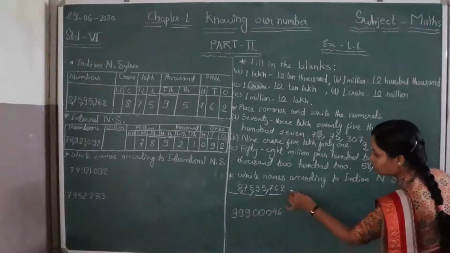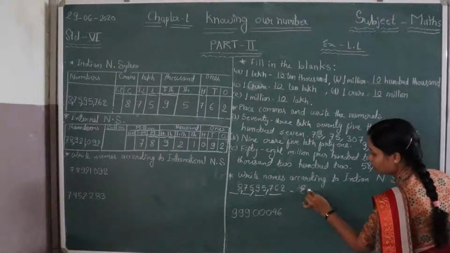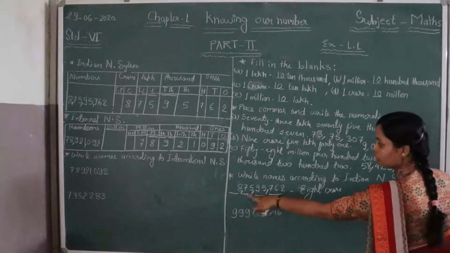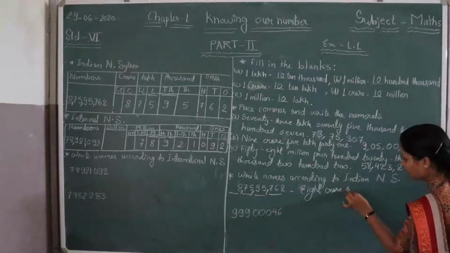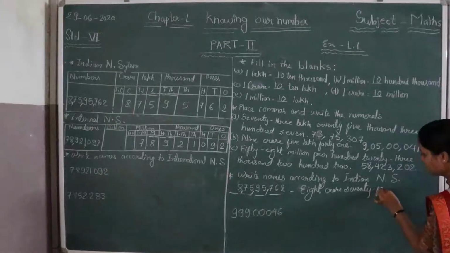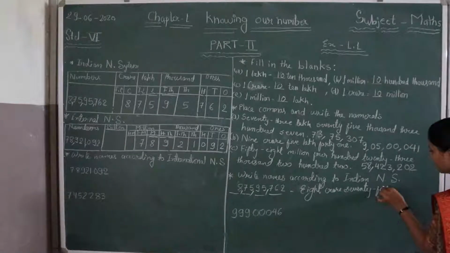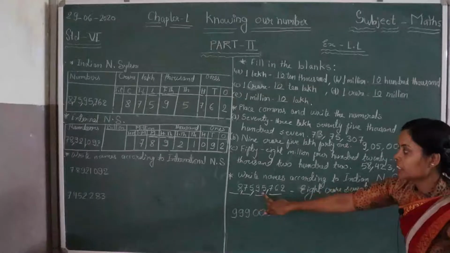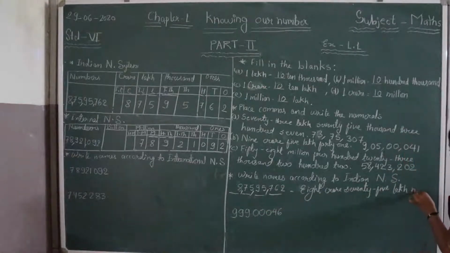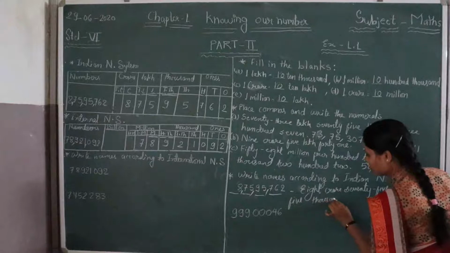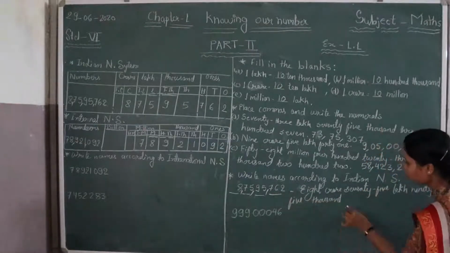So come here. 8 crore 75 lakh 95,000 762.